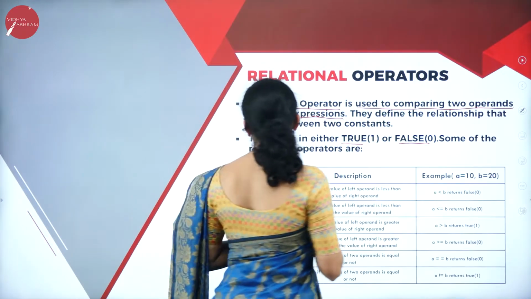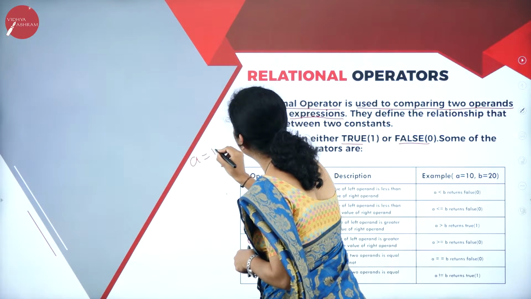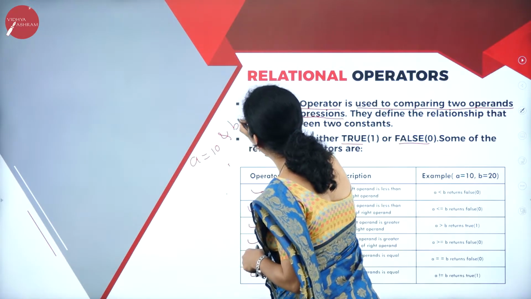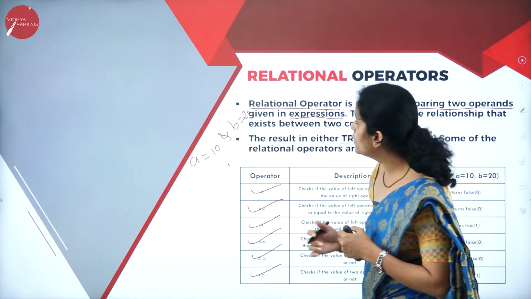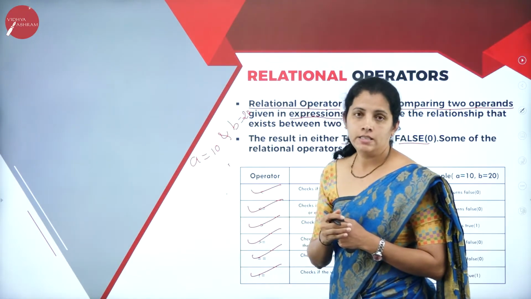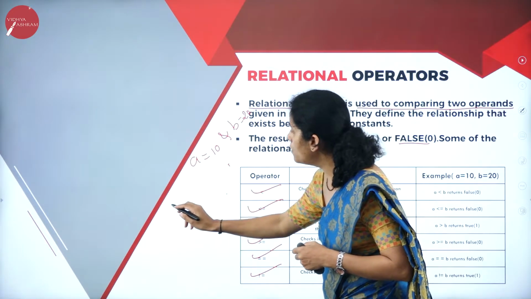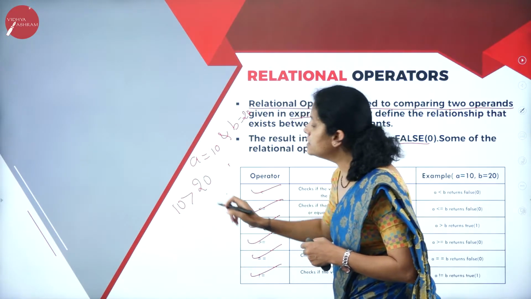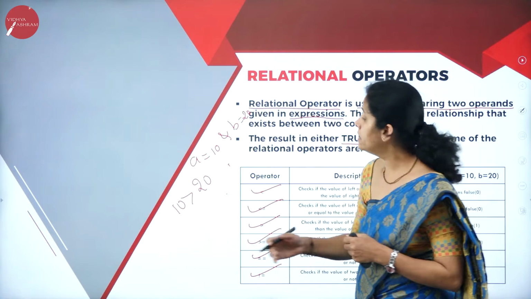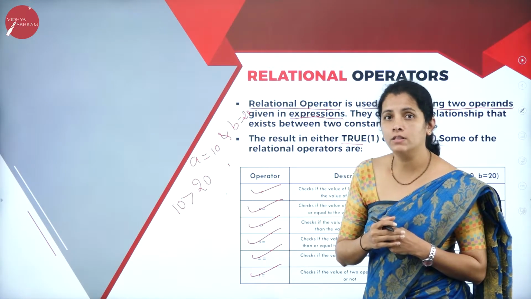Now consider the example here. Think that A is 10 and B is 20. So what is the value I'm going to have? A is 10 and B is 20. Now, 10 greater than 20. Is it true or false? Here 10 is greater than 20, it is false.